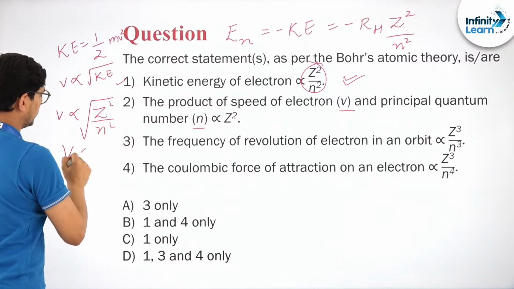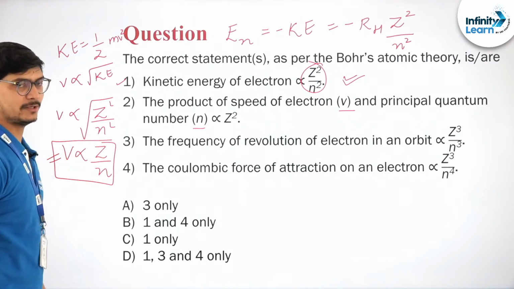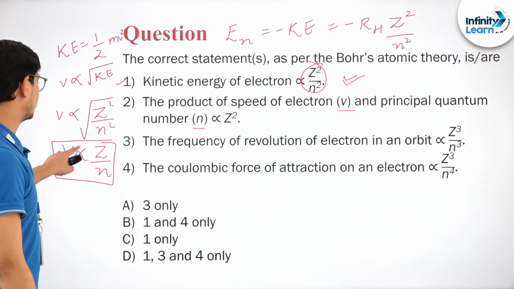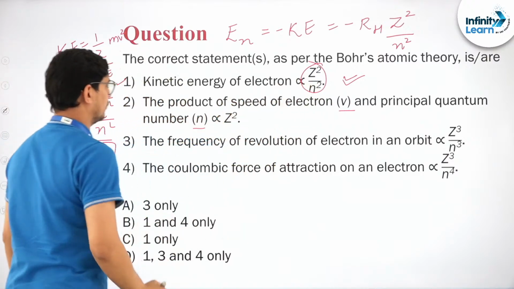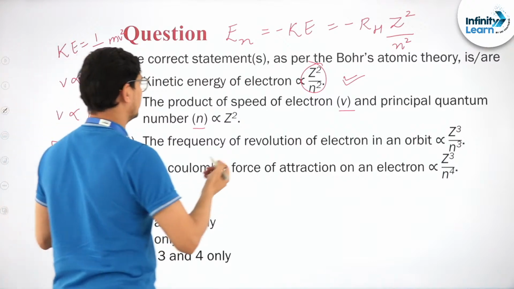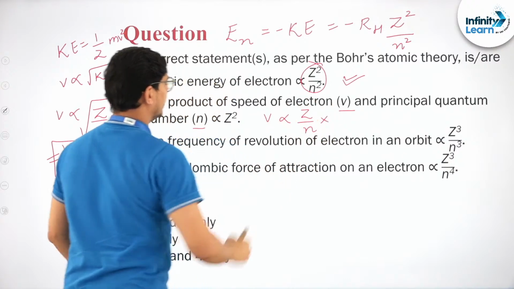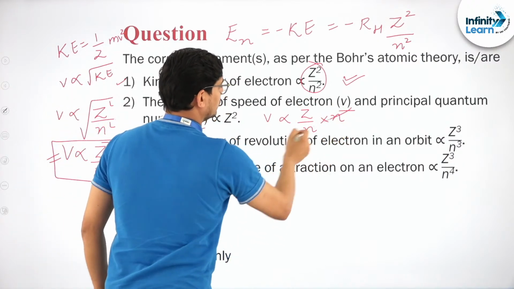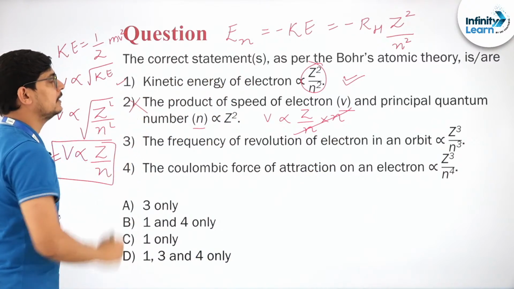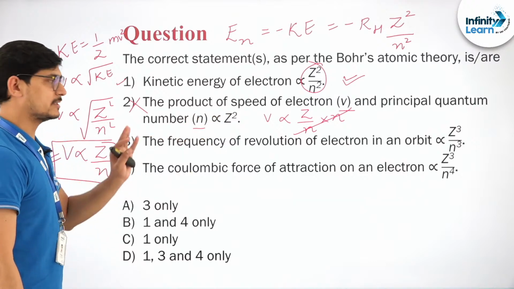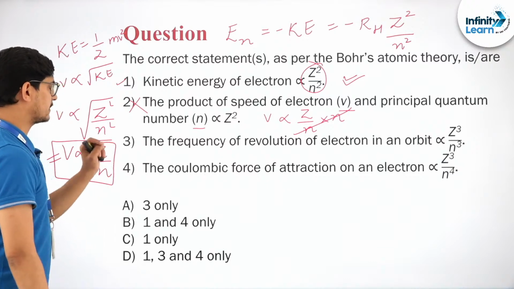No need to mug up the formula, you can derive it here itself. Now the product of speed of electron and principal quantum number n: velocity is proportional to z by n, multiplied by n, so n cancels out, and what remains is z. So no, this statement is incorrect. It is not proportional to z square, it is just proportional to z.